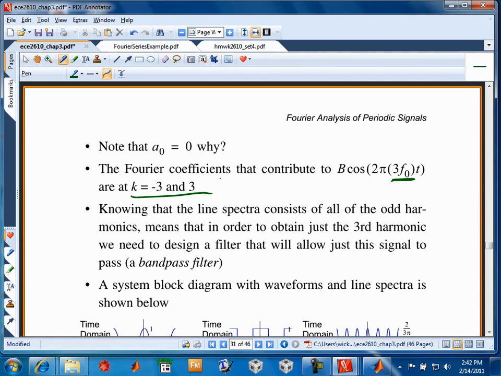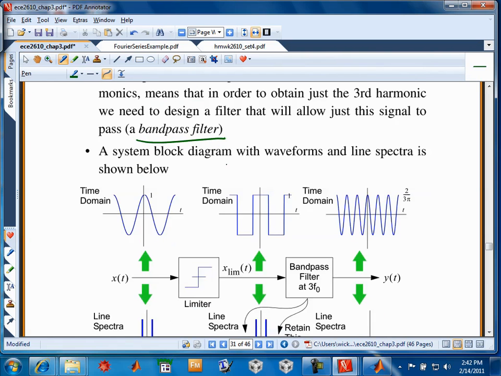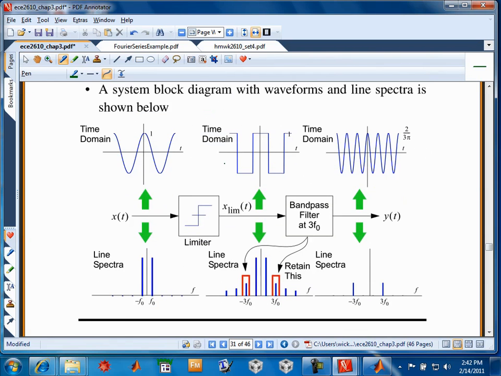Now the trick is we need to follow up that clipping circuit or limiting circuit with something we've only intuitively talked about, and that is filters. In particular, we need to follow it up with what's called a bandpass filter. With regards to the frequency axis down here, the signal comes in as just two spectral lines, plus and minus f0.